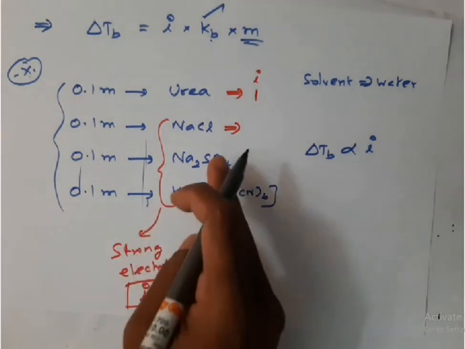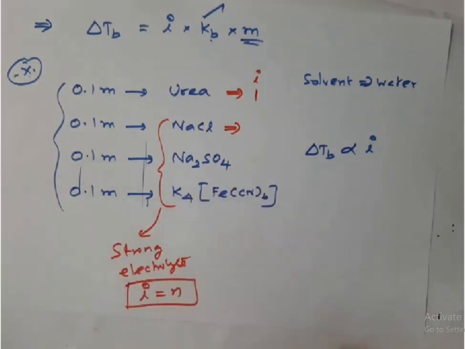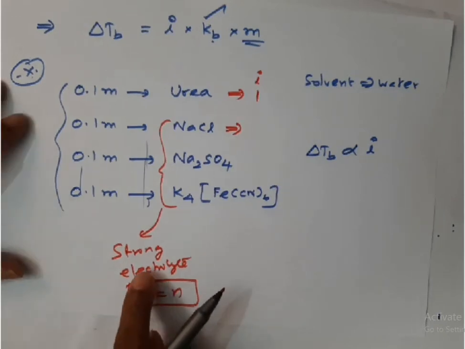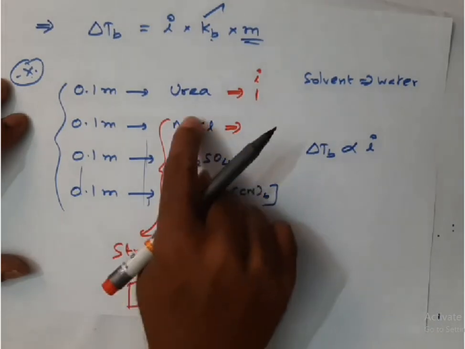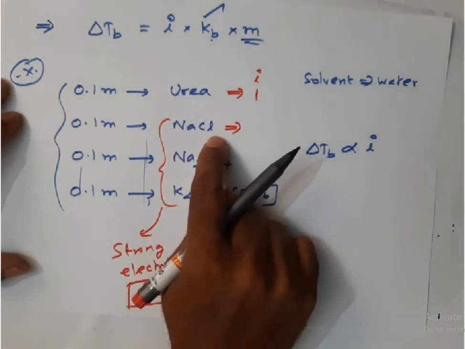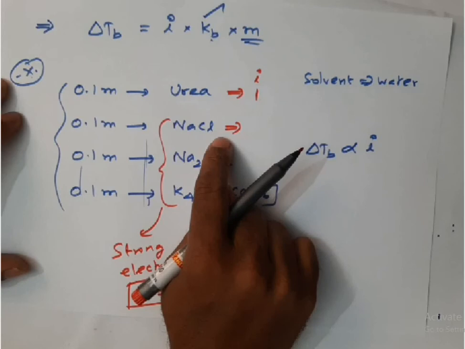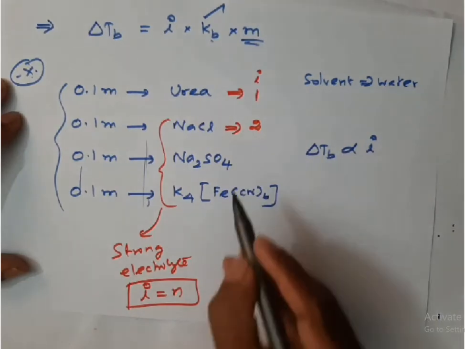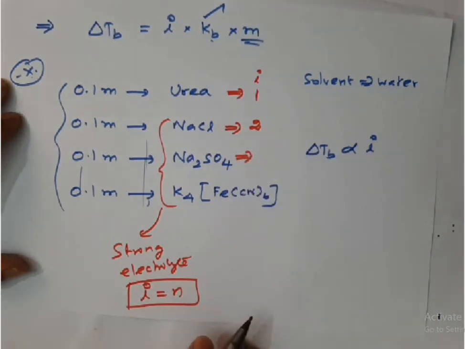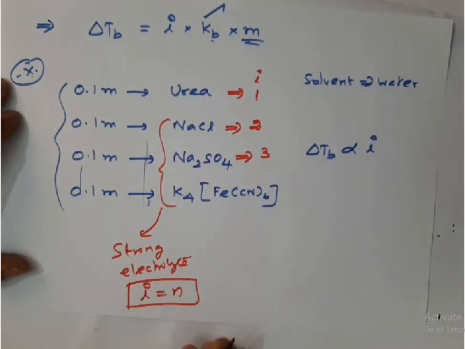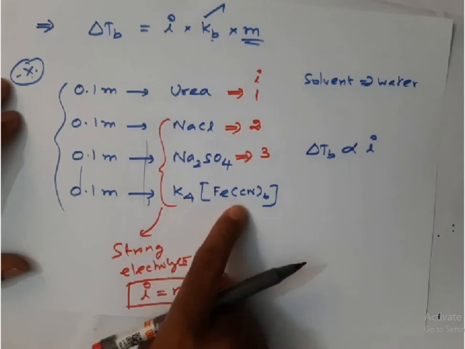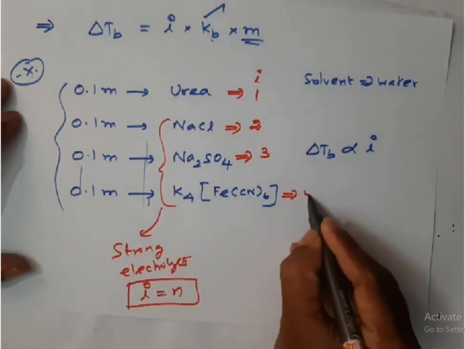The i value is the number of ions produced from one molecule. One molecule of sodium chloride will give how many ions? 2. Therefore i equals 2. From sodium sulfate, 3 ions, so i equals 3. From potassium ferrocyanide, you get 4 potassium ions and 1 ferrocyanide ion, so the value is 5.